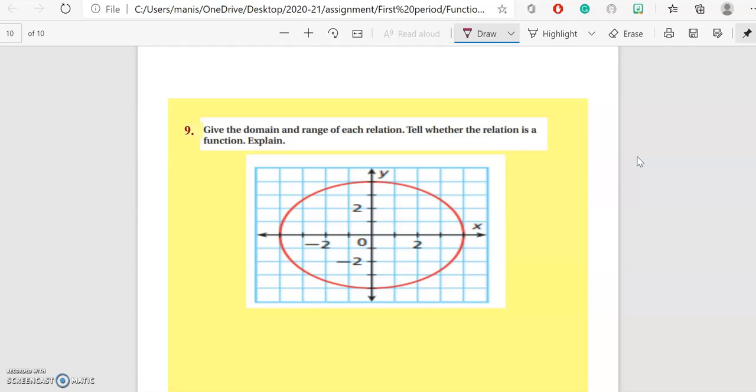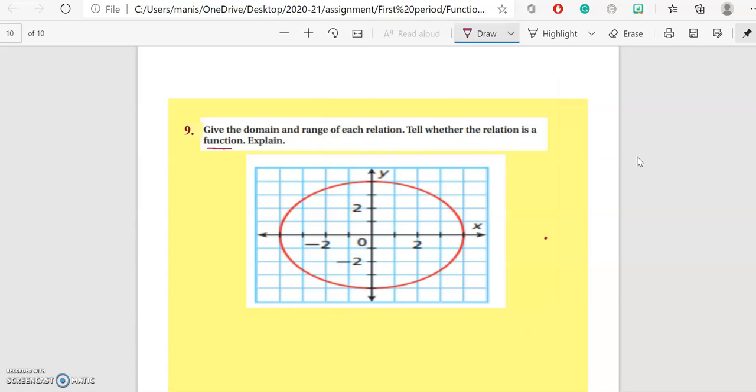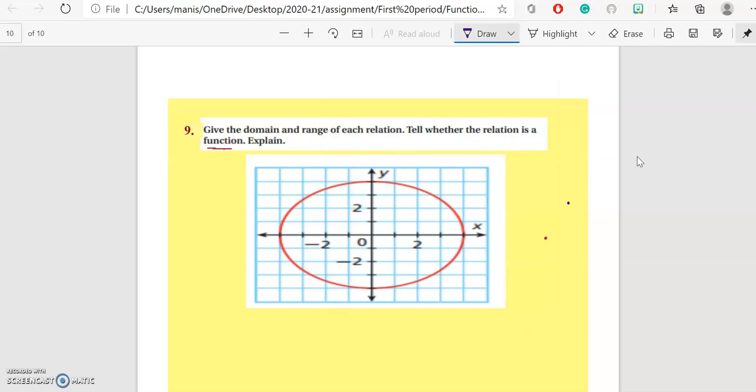Given the domain and range of each relation, tell whether the relation is a function. Explain. Now in this question, you can use the vertical line test. So let's do the vertical line test. When I'm drawing a vertical line over here, as you can see, this vertical line touches the circle at two different points.